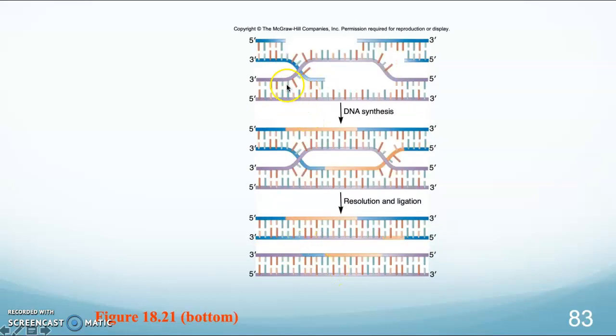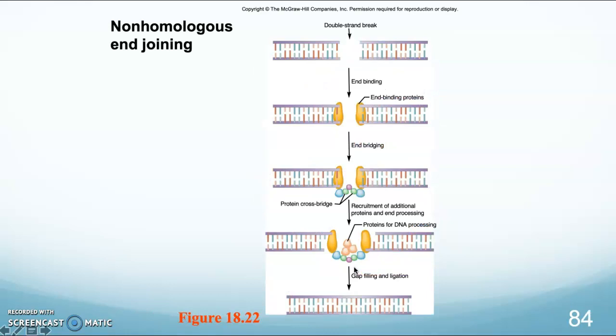And so what ends up happening is that this purple strand that was not damaged can pop open and actually allow itself to be used as a template, so that now this one that had been broken has something to create a new strand that's complementary to its sister chromatid, and you end up having that resolution and ligation with the correct strands.